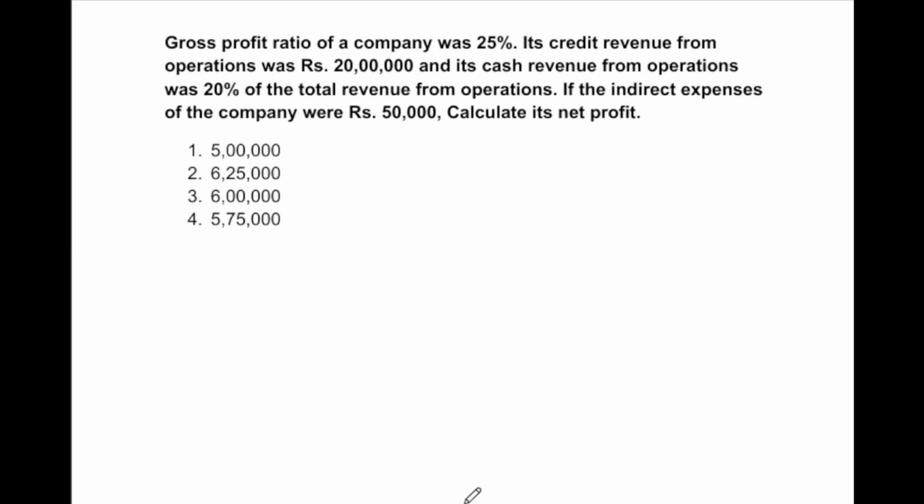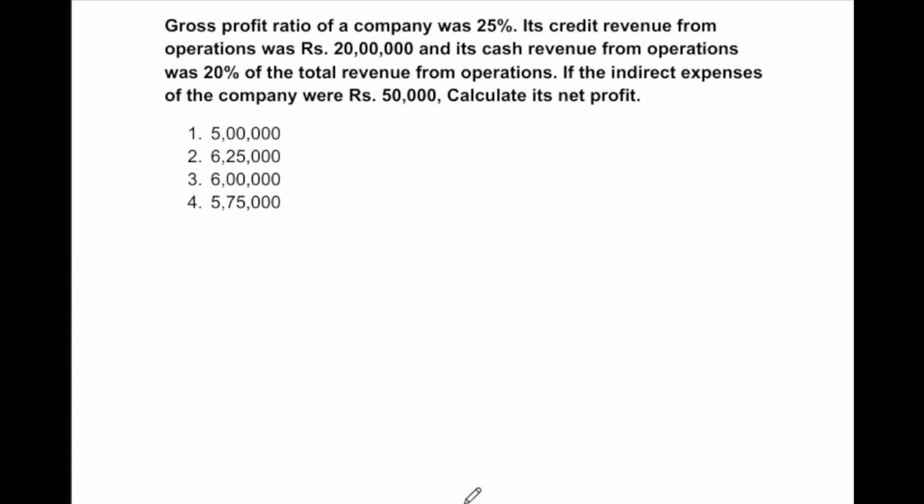Now next question. Here we have to calculate net profit and GP ratio is given. So since GP ratio is given, we'll apply the formula. GP ratio is gross profit divided by net sales or RFO multiplied by 100. GP is 25%. We'll simply write 25.